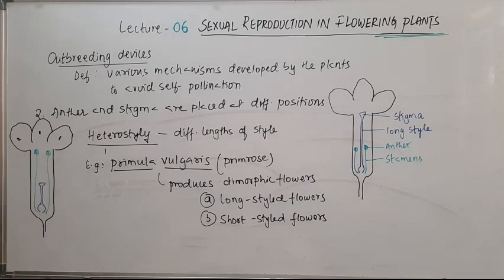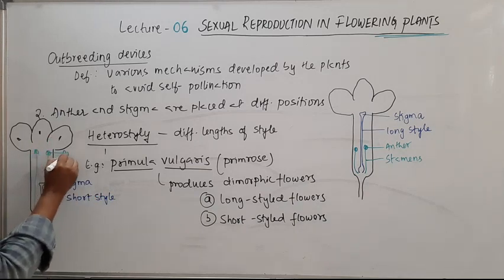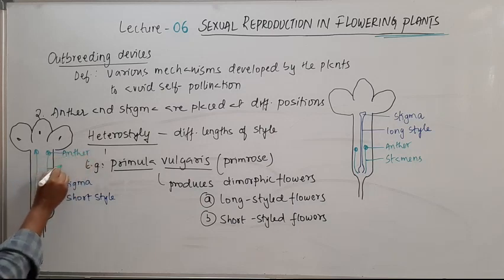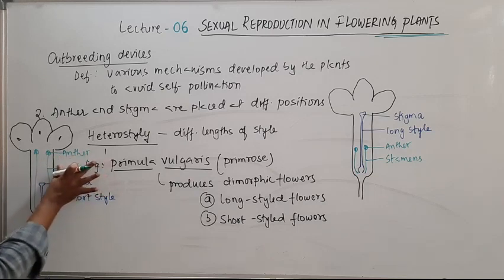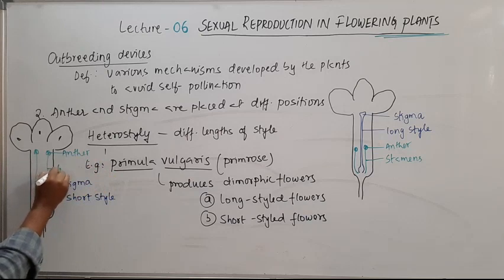You can see in this case, this one is the stigma, this is the style, that is a short style, and this one is the anther, and this is its filament, right?